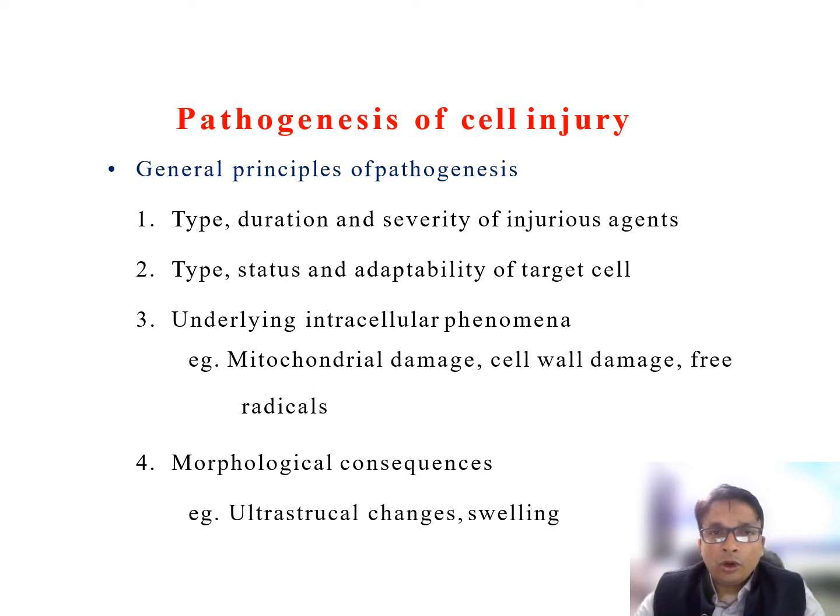Another principle involved in cellular injury is the type, status and adaptability of target cells. One principle deals with the injurious agents and another principle deals with the target cell which exactly results in cellular injury. So it depends upon which type of cell is involved in the injury, what the status of that cell is, and how much capability it has to adapt.